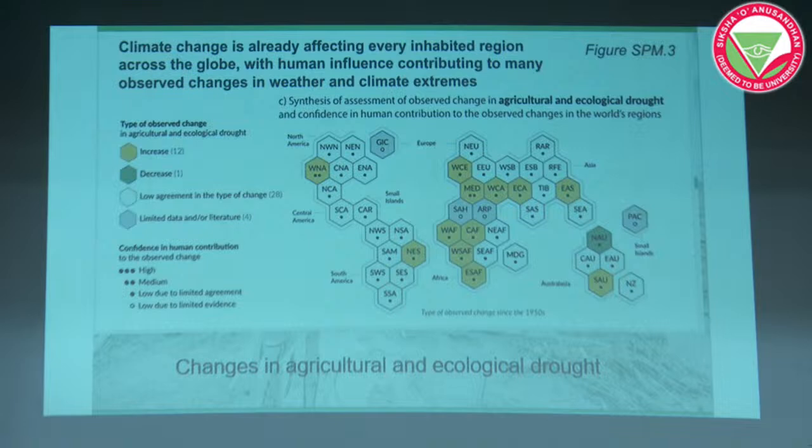But the Middle East and even South Africa will have drought. But for the South Asia region, where we are, our data is not that much, so nothing can be said at present about the drought status.